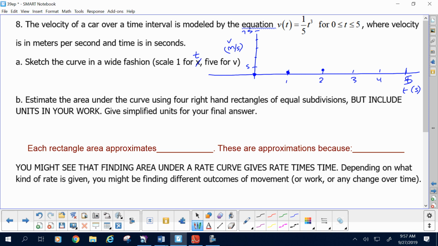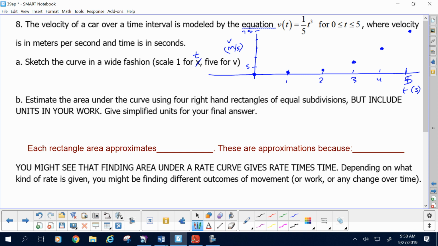Velocity at 3? 27/5, so roughly 5-ish, you know what I mean? Velocity at 4, 4 cubed over 5. 64/5 is 12 and 4/5, so almost 13. So about here. And velocity at 5 is 25.